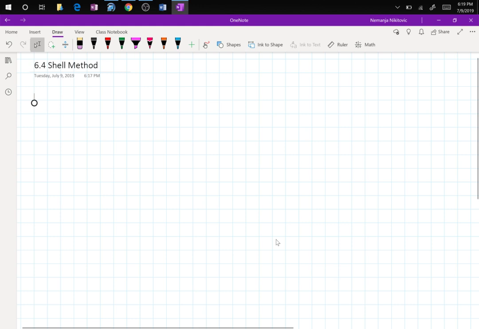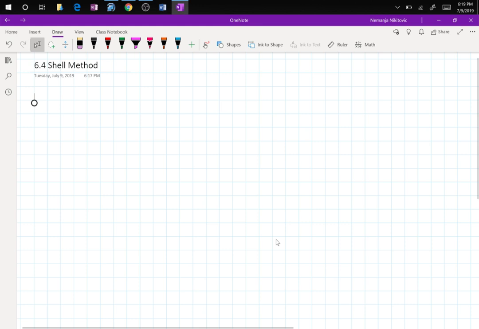So if you have x, you will cut and make delta x slices, and if your rotation is y, you will make delta y slices. For disc method, cuts are always perpendicular to the axis of rotation.